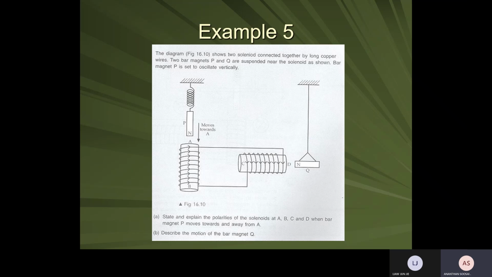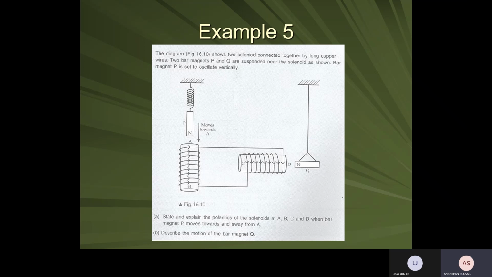Then if here A is north pole, B will be south pole, right? North pole up means down is south pole. So north, south, then going down, what will D be? Up north, down south means right hand grip rule. Current should flow this direction, the one indicated in the diagram.